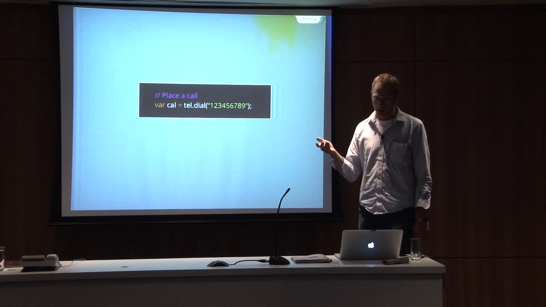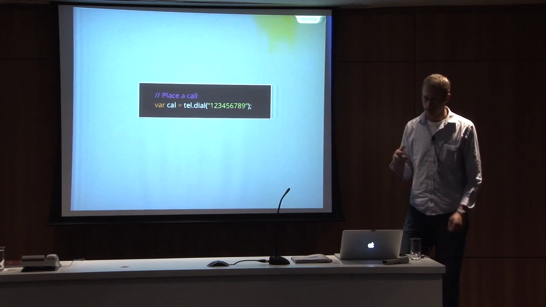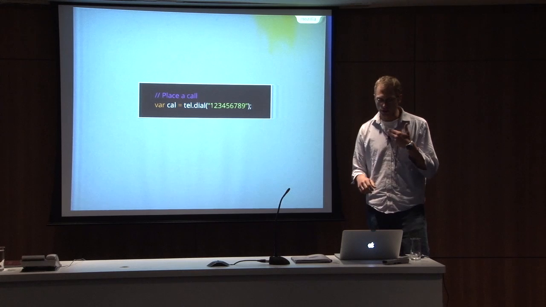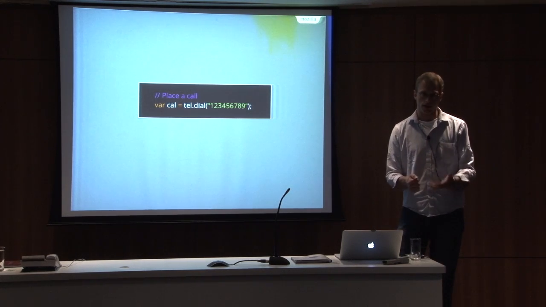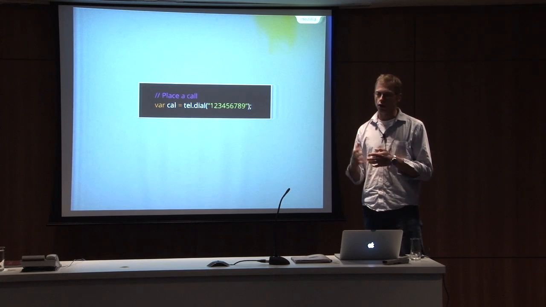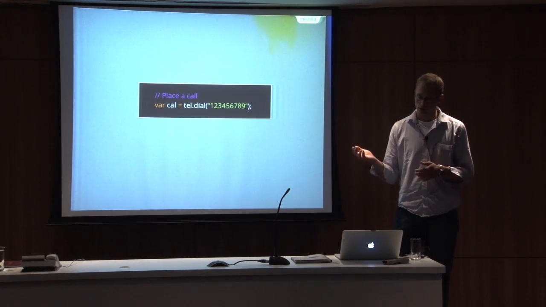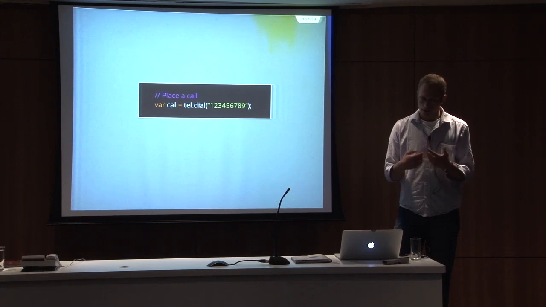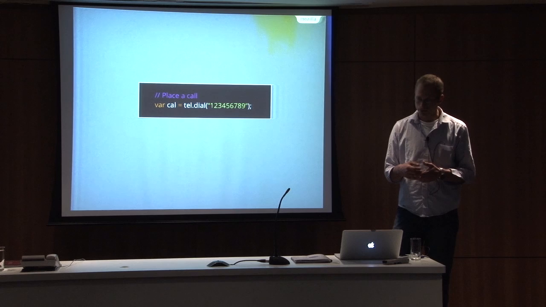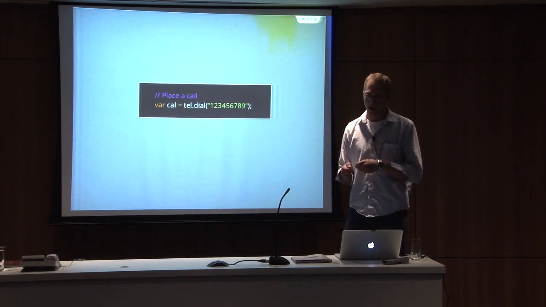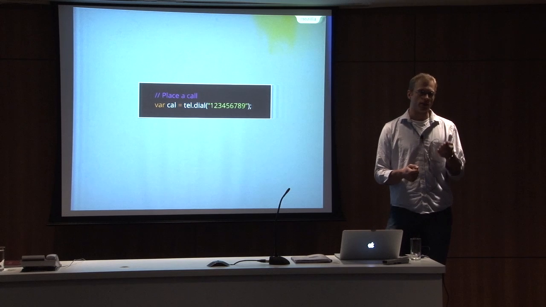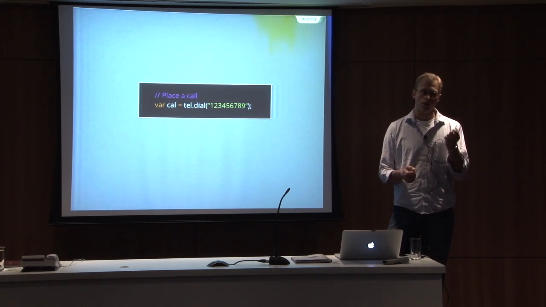A lot of these APIs, when we're dealing with device capabilities, somehow communicate with a lower layer. So a lot of times when we abstract these capabilities, we basically hand you back an object that represents a request, or that represents the action that you're doing.